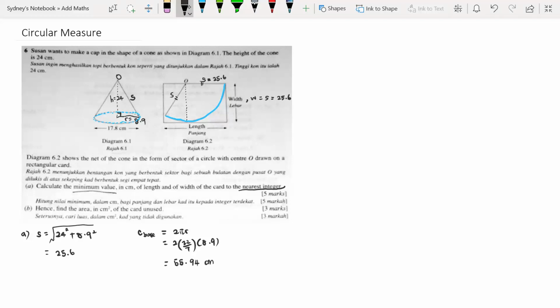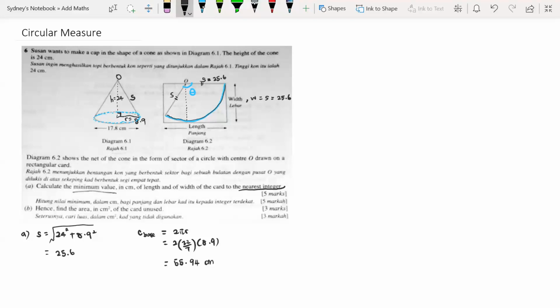And we also know that this circumference of the base of the cone is also the arc length of this sector in diagram 6.2. So with that, we have to apply the circular measure formula. With this angle theta here, let's find the theta first.